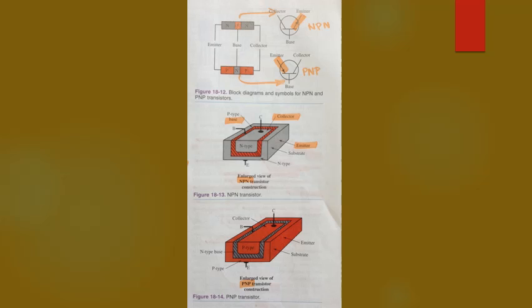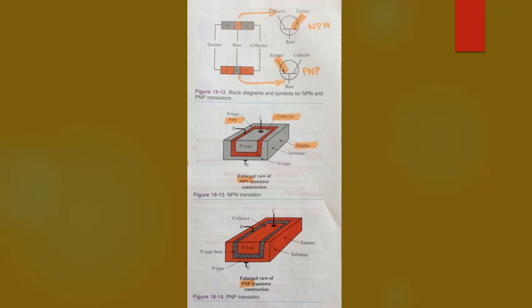In both types, the first crystal is called the emitter. The center section is called the base. The third crystal is called the collector. In the schematic symbol, notice the direction of the arrow.